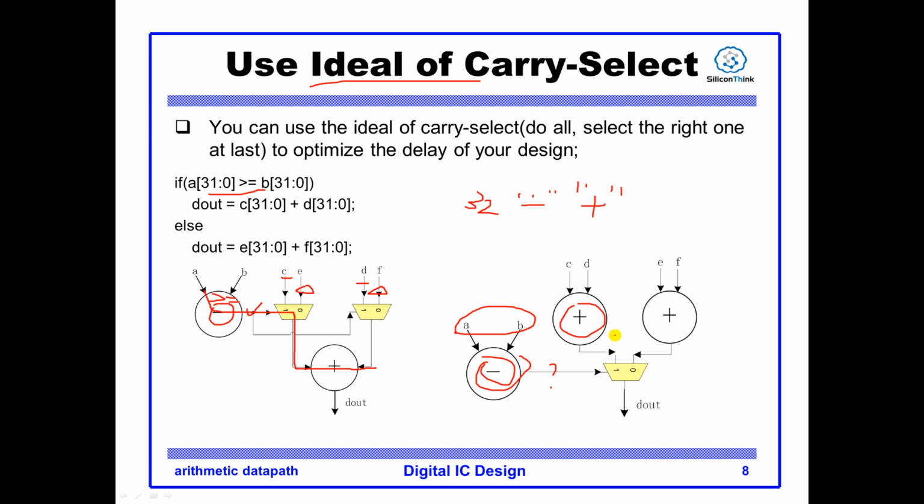So in this architecture, we use the idea from carry select. We guess and calculate, and select the right one at last. So the delay for this is the delay of this subtractor plus the delay of the mux.